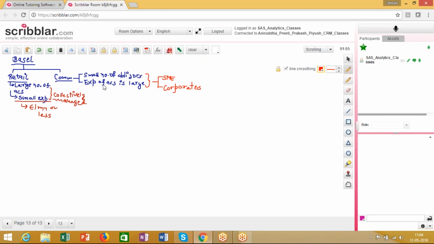Now the next thing we need to do is that for retail portfolios, there are further sub-classifications, right? There are three sub-classifications to retail portfolios.